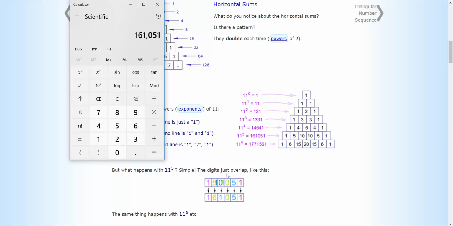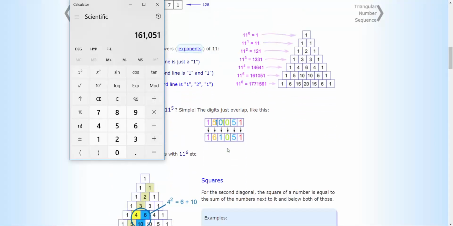The digits just overlap like this. What is this? It's like we're forcing it to work. There's the 5 plus 1, that's 6, and then 0, 1 is actually 1. Oh my god, it's like forcing it to work.